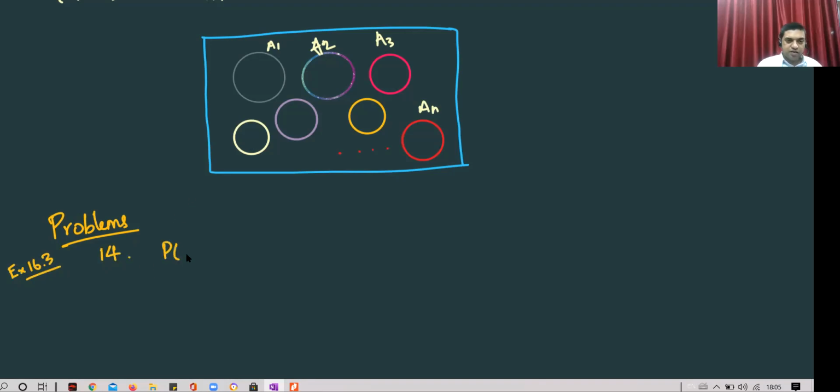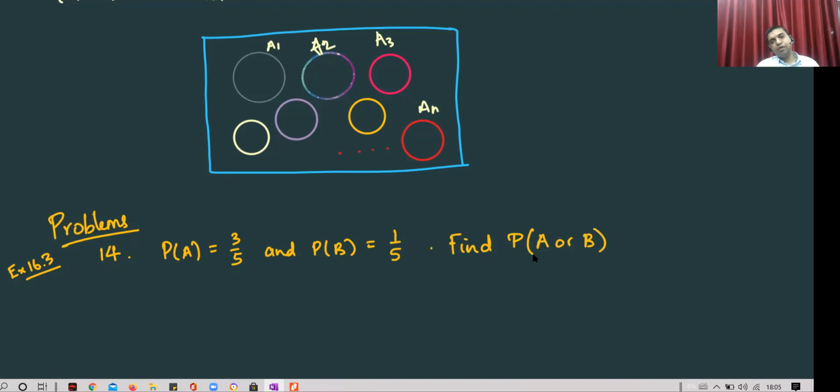It says P of A is 3 by 5 and P of B is 1 by 5. Find probability of A or B. We also say probability of at least one of A and B occurring. Find A or B if A and B are mutually exclusive.